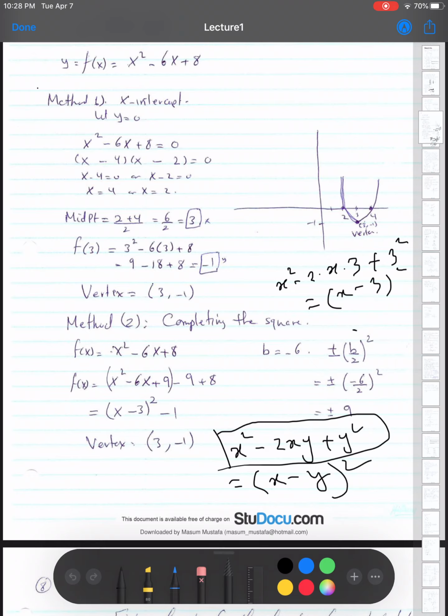So we know there is a formula: x squared plus or minus 2xy plus y squared is equal to (x plus or minus y) whole squared. That's called the complete square formula.